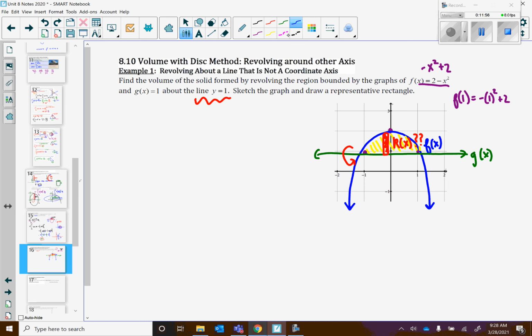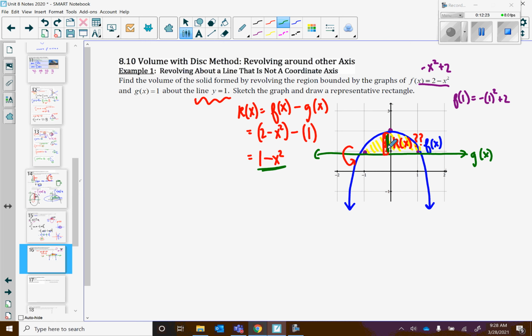So my radius, r of x, is equal to my f of x function minus my g of x function. In this case, my f of x function is 2 minus x squared, minus my g of x, which is 1, which would give me 1 minus x squared as the radius of this region.